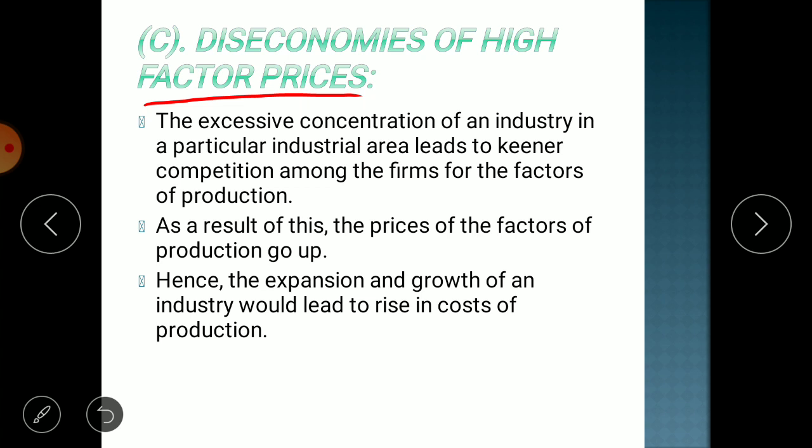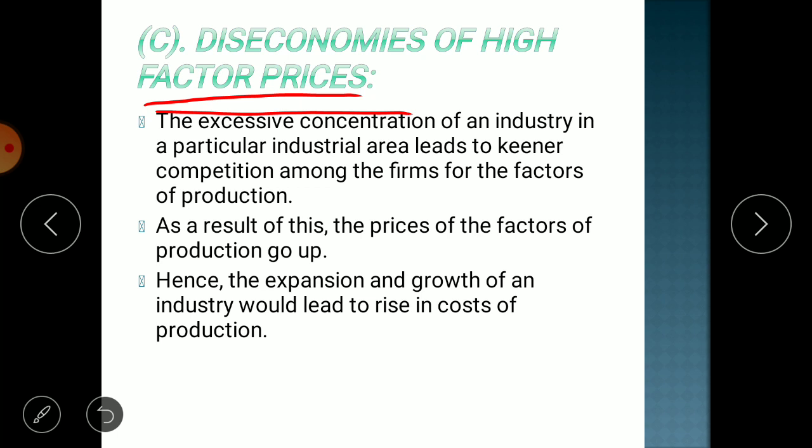So here what we have discussed is higher factor prices. We have discussed the four factors of production: land, labor, capital, and entrepreneur. Out of these, we have discussed capital and entrepreneur in internal diseconomies, and land and labor you can correlate with the external diseconomies.